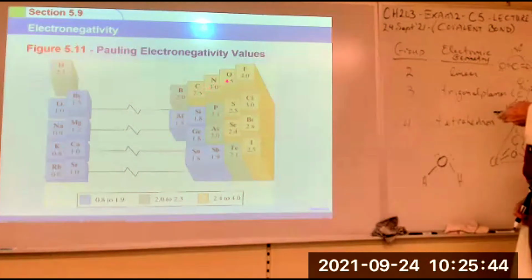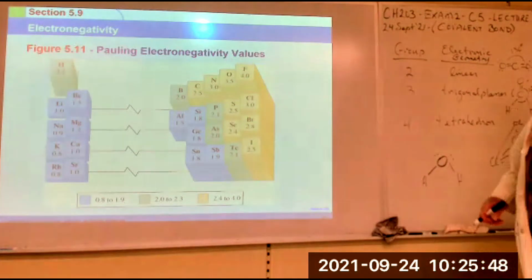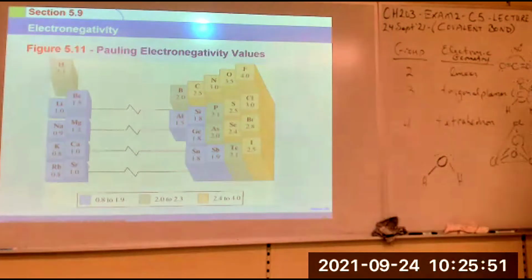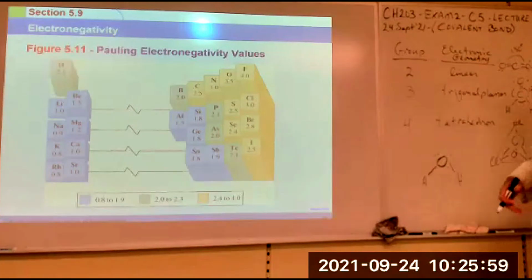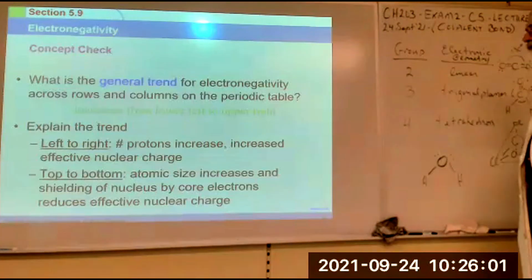We don't include the noble gases. They've got all the electrons they need, and it's difficult to form compounds with them anyway. So by definition, it's hard to measure.